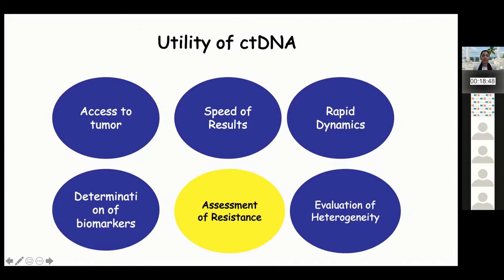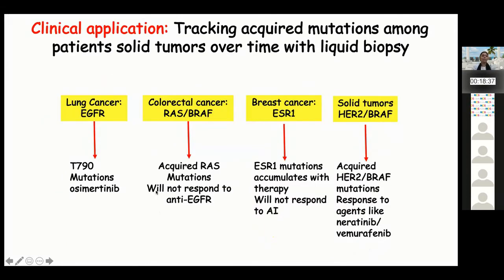Now, I think one of the biggest areas of using liquid biopsies in metastatic CRC patients is actually assessment of resistance. Now, why is this important? Well, it's not important only for colorectal cancer patients, but we're tending to do that for patients across solid tumors, because we know that as we're treating more and more patients with targeted agents, more and more patients are developing acquired mechanisms of resistance, and there are targeted therapeutic options for those patients.